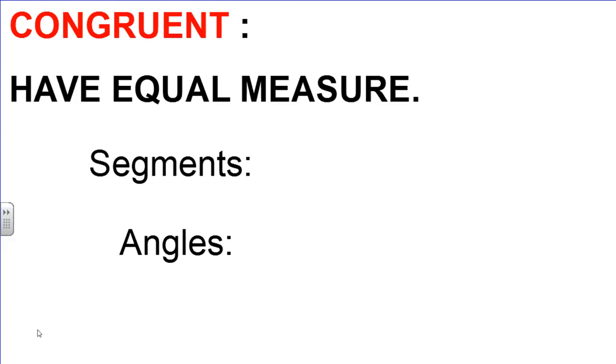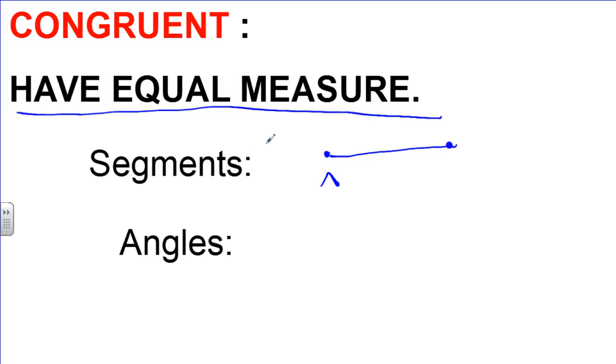Okay. The word congruent is a word that associates itself only with geometry. And congruent means things have equal measure. They could be segments that have equal measure. For example, it has been confirmed that this segment is supposed to be an A, and that's an X. Segment AX is the same exact measurement in length.